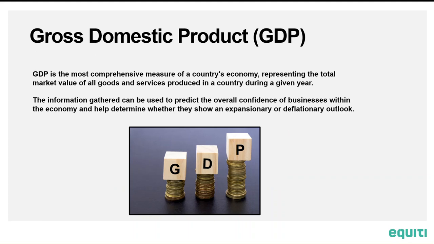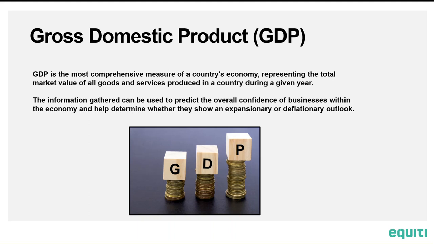Gross domestic product is also a key reflection of the health of the economy, and it represents the total market value of all goods and services produced in a country during a given year. So obviously, if there was a halt in production, this will lower the GDP number because then we would be facing lower export numbers and so on and so forth.